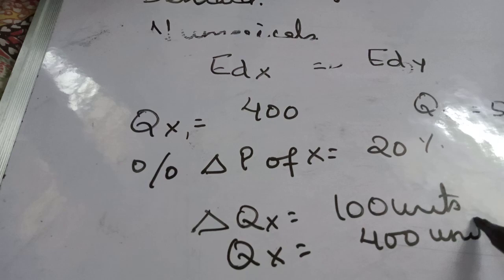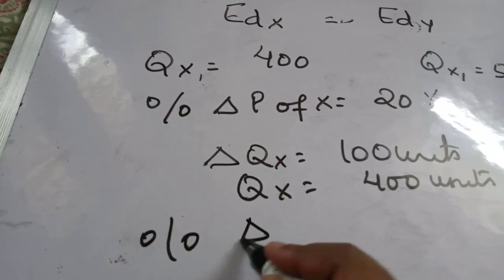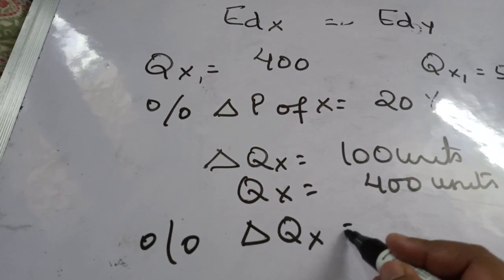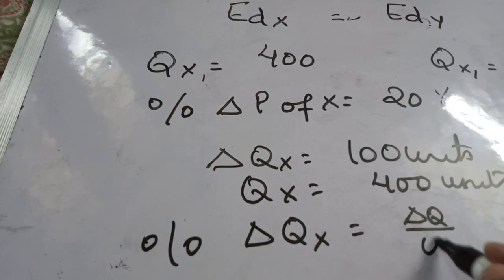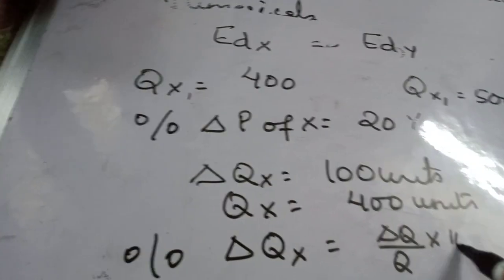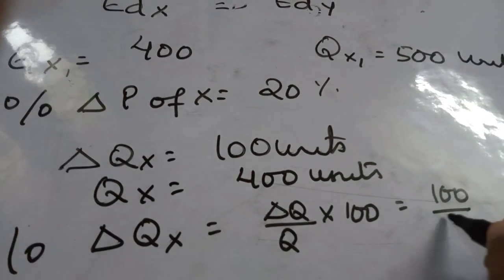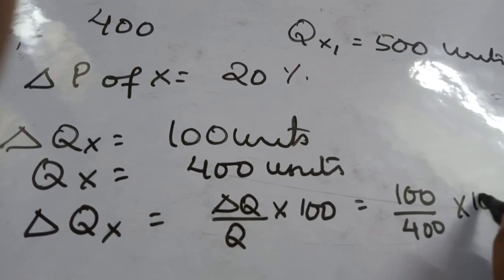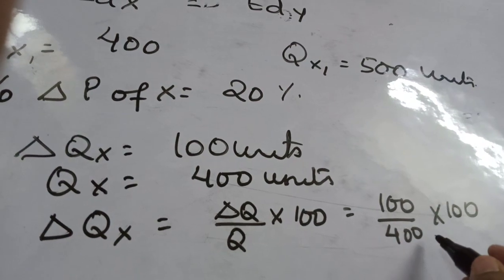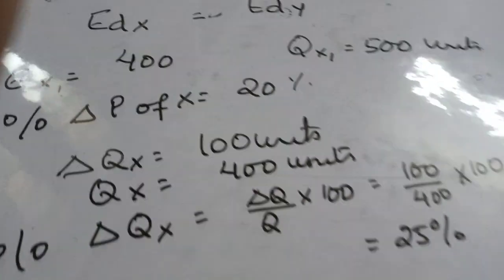So can you calculate the percentage change in quantity demanded of X, it's delta Q upon Q into 100, which is equal to 100 upon 400 into 100. So it's coming out to be 25%.